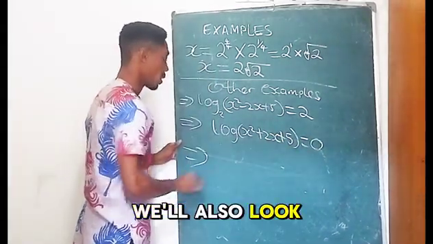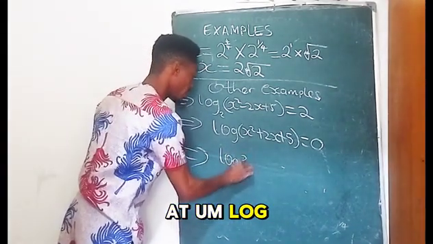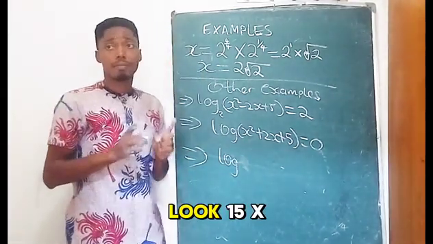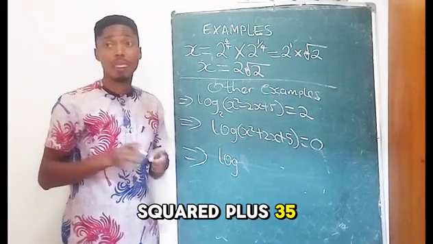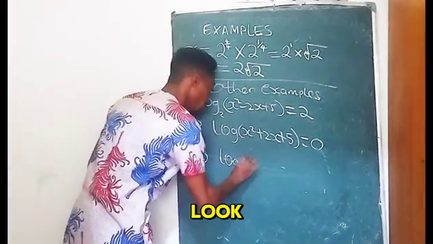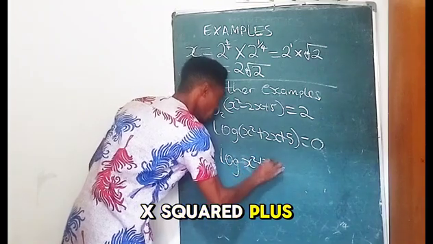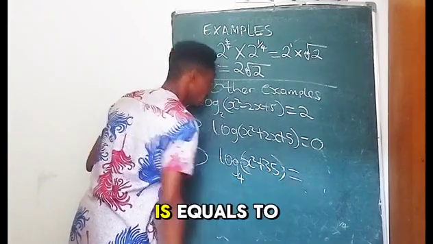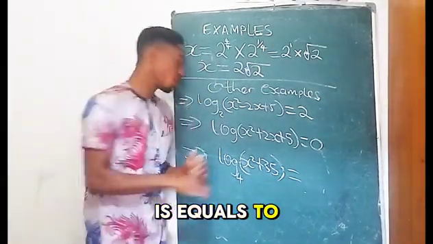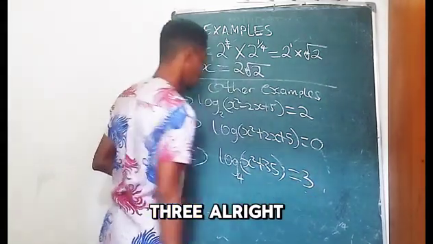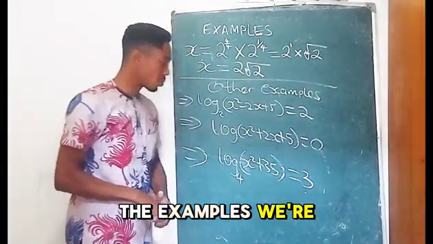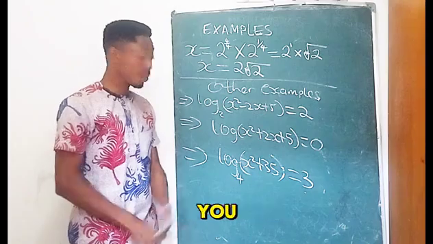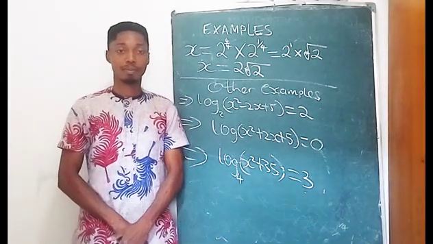And we'll also look at log base 4 of x squared plus 35 equals 3. Alright, so these are the examples we're going to look at. I may solve 1 or 2 and then leave the rest for you, but let's begin with these examples.